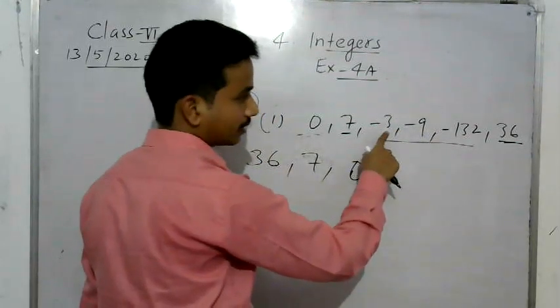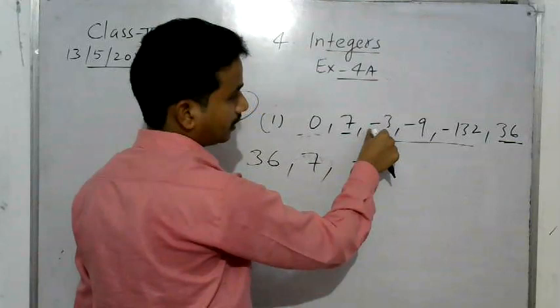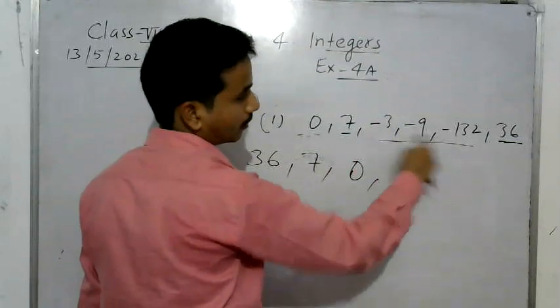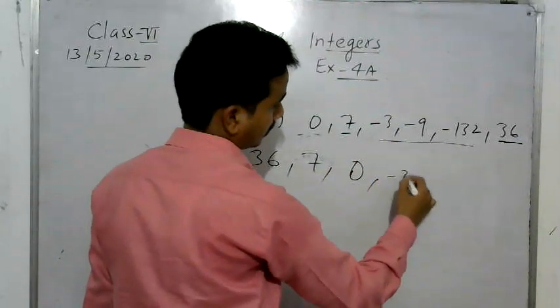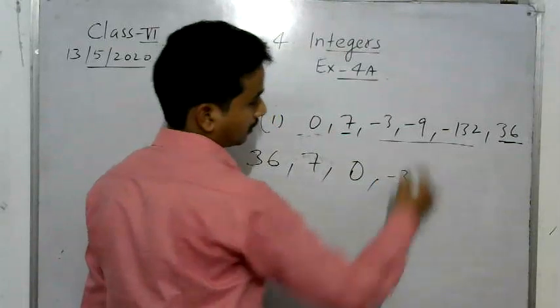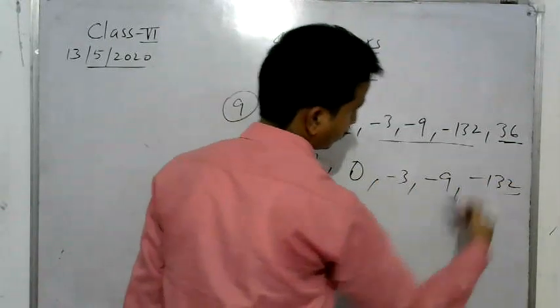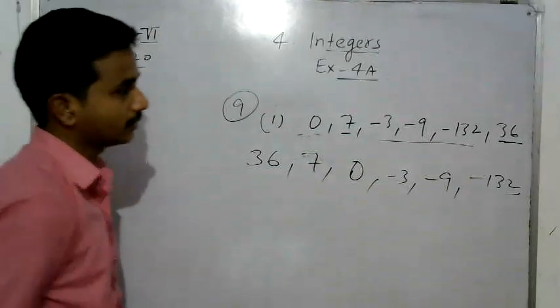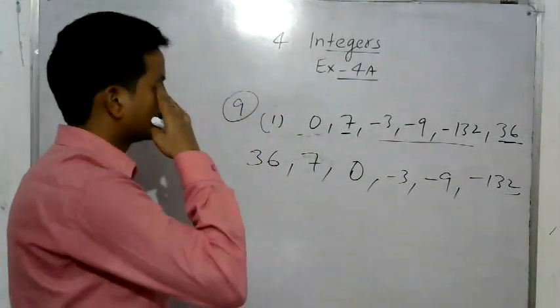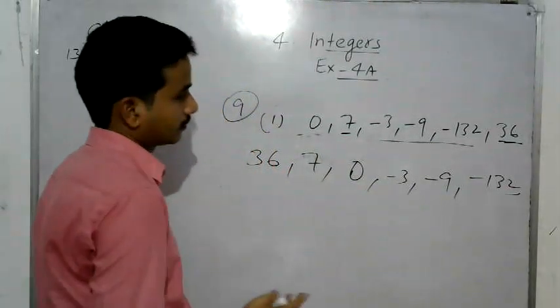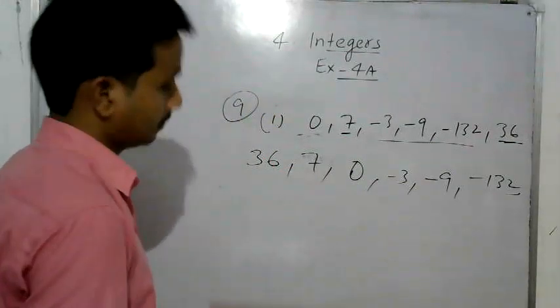Since 3 is smaller, it will be greater among all these. So -3 will be greater, and after -3, -9, and after -9, -132. In this way, you will arrange these numbers in descending order.